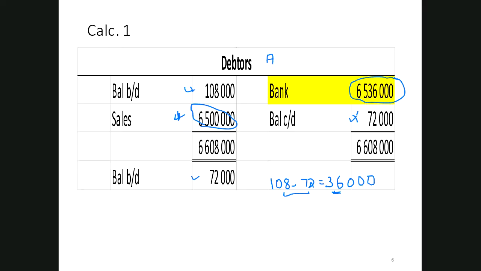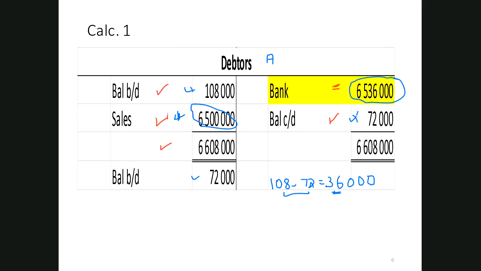Another way of getting there is you take the opening debtors balance plus the sales amount. Opening debtors balance plus the sales amount gives you the total owing by customers, 6,608,000. And then you subtract what they hadn't paid yet at the end of the year, and that gives you the amount that you would have received from customers during the year.